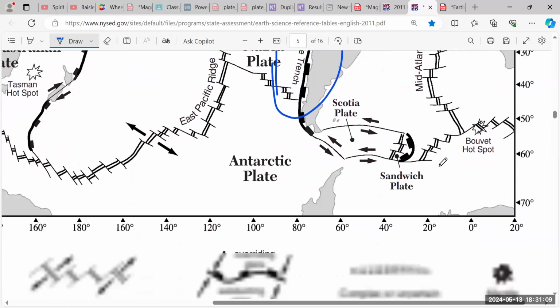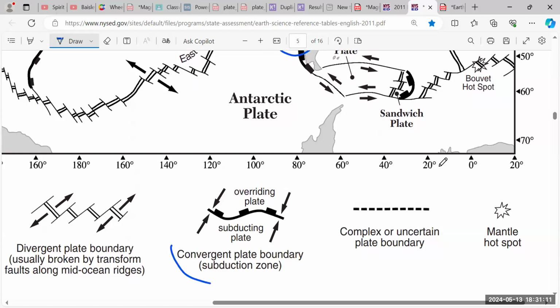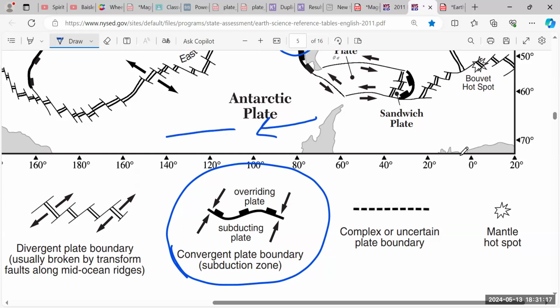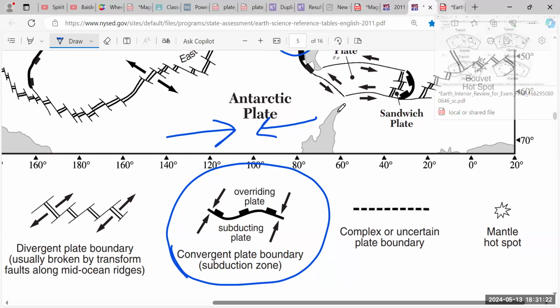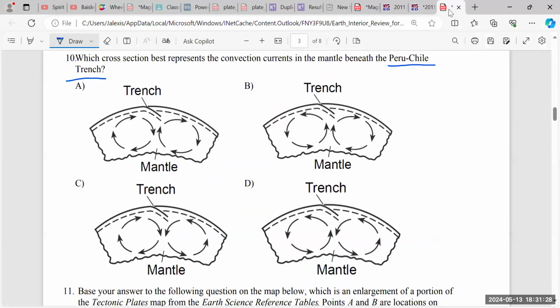Well, based on those symbols, it's definitely a convergent plate boundary. And what does that mean? It means that the plates are coming towards each other. So when I'm looking at my choices, I need to make sure that I'm choosing movements that show that the plates are moving towards each other.